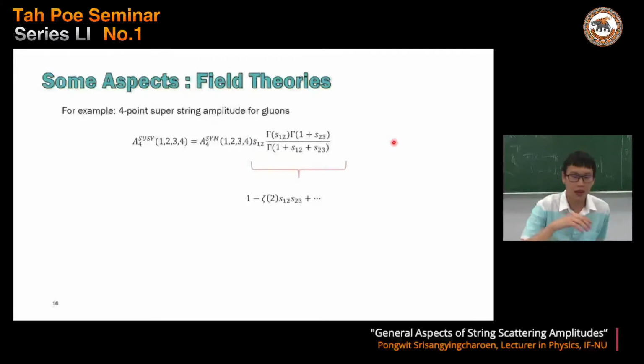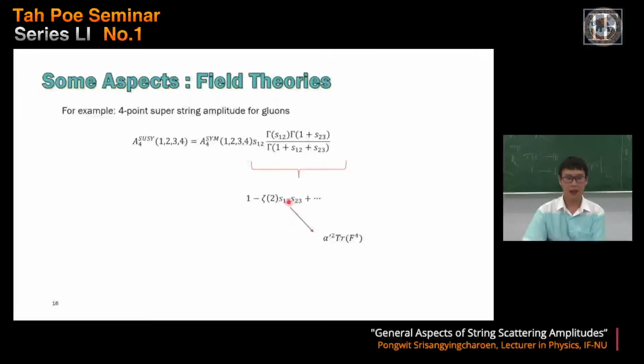If you expand it around alpha prime and Sij, when alpha prime goes to 0, this factor is basically 1. But if you take the Taylor expansion around alpha prime going to 0, this is the first order of the expansion, and it can be seen as a correction of the gauge theory.